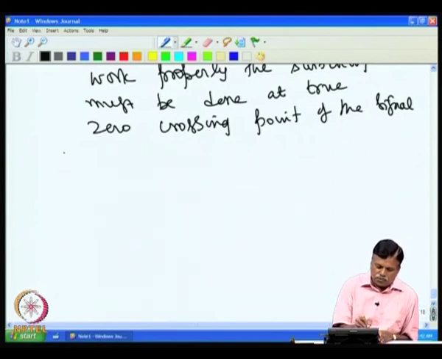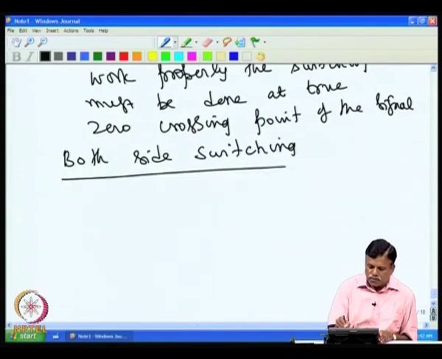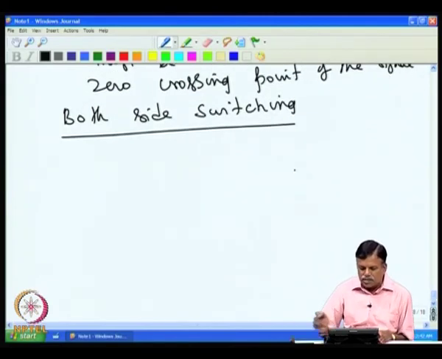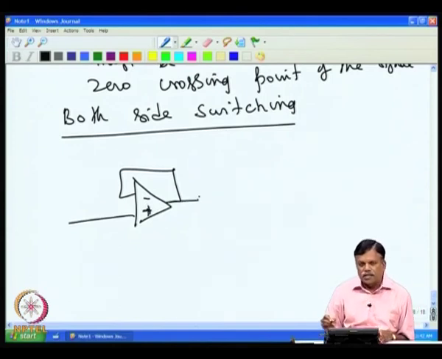So, we can do that in the following manner. I can show you a both-side switching example now. What can be done is, for example, if the signal is coming out from the operational amplifier, that is an AC signal coming out from here, then I can do the switching in the following manner.